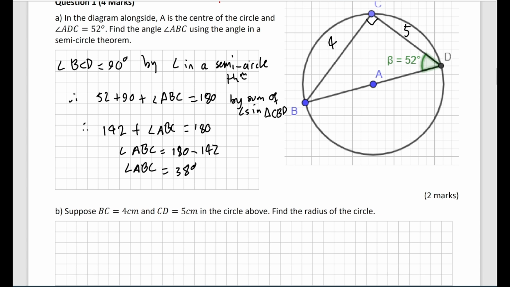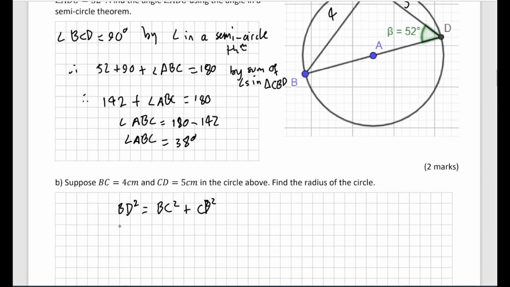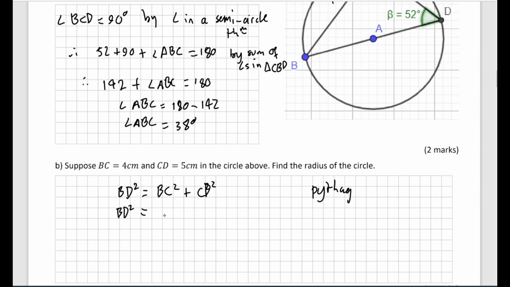Let's find the radius. So BD, the length, squared equals BC squared plus CD squared. So BD squared, and this just comes from Pythagoras, equals 4 squared plus 5 squared.